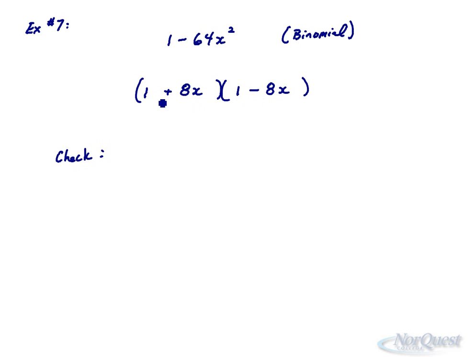If you FOIL this, first times first gives you 1, outers gives you minus 8x, inners gives you plus 8x, last gives you negative 64x squared, which simplifies to 1 minus 64x squared. So just like when you finished multiplying polynomials, factoring uses that process to check.